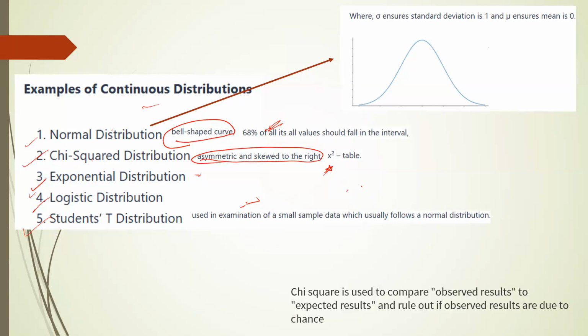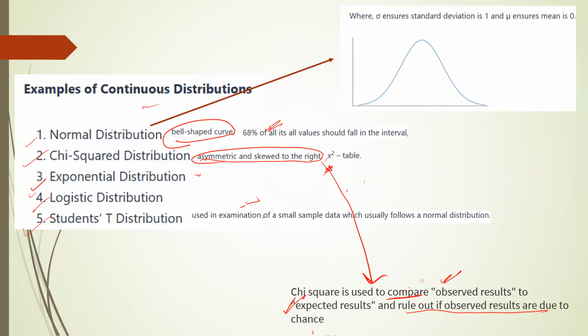What is a chi-square distribution used for? Remember, it is used to compare the observed values to the expected values and also to rule out whether the observed values are due to chance. This definition has been asked, so please memorize that.